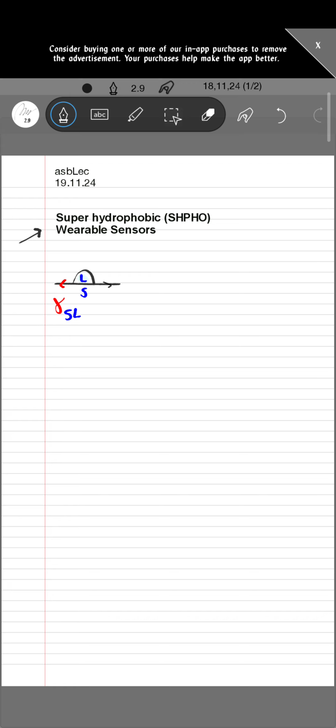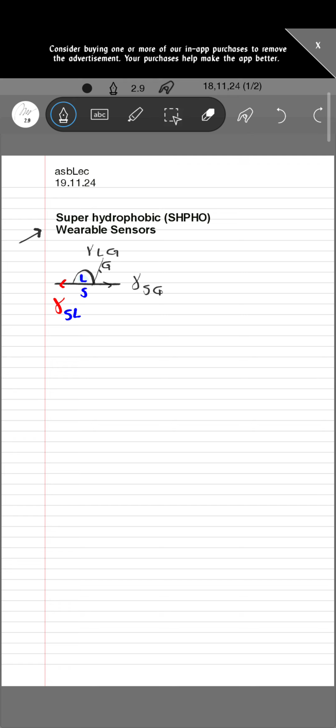This is considered to be the gaseous state or vapor. So there will be gamma SG, and this point is where there will be the surface tension between the liquid and the gaseous state.